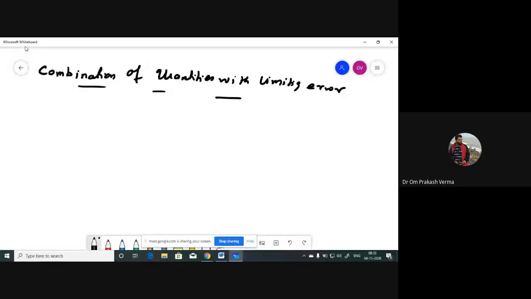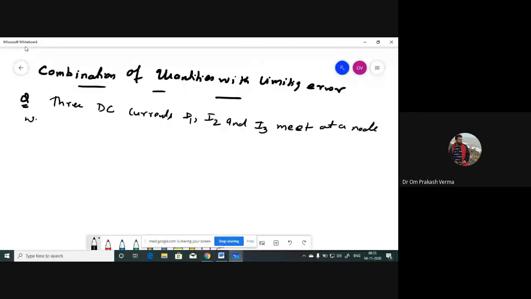Let's say there are three DC currents I1, I2 and I3 that meet at a node, with I1 entering and I2 and I3 leaving the node.